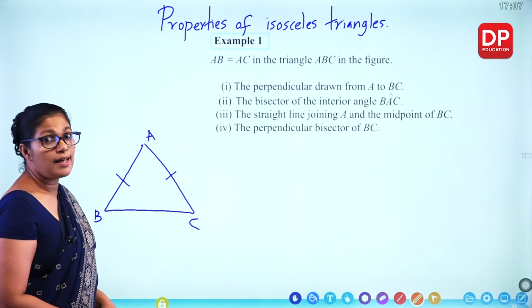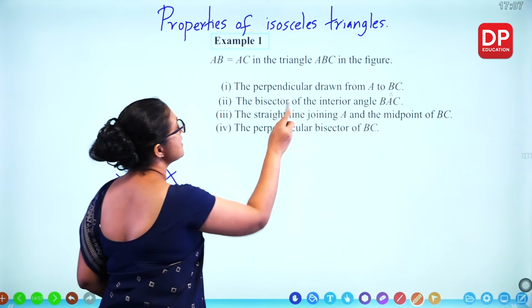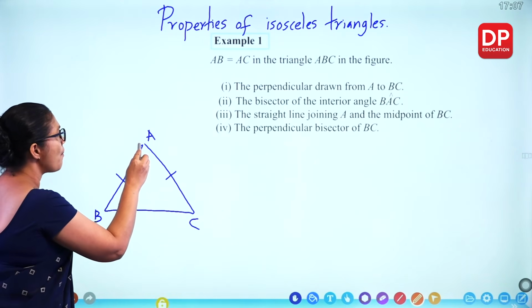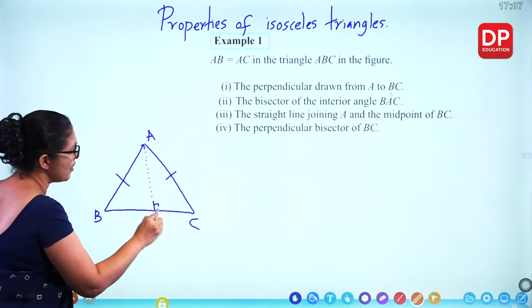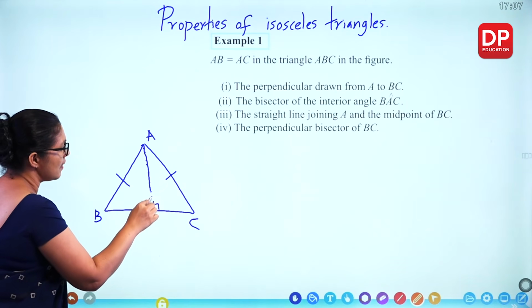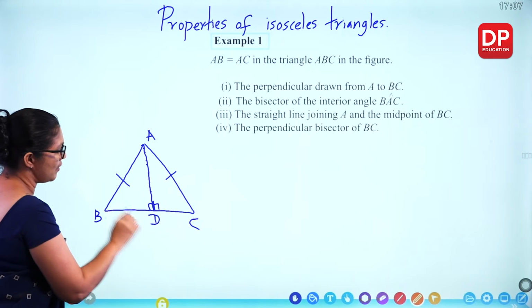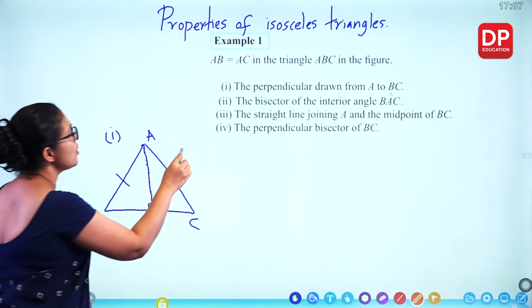So that's an isosceles triangle. What does the first part say? The perpendicular drawn from A to BC. From A to BC, the perpendicular drawn. If you take that perpendicular, that's part 1.